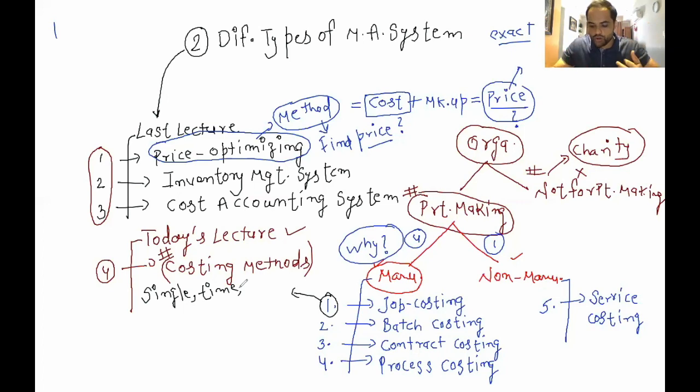That's mainly the requirements or criteria to apply the job costing method. Now the question is, what kind of product is single in nature and has a short time?